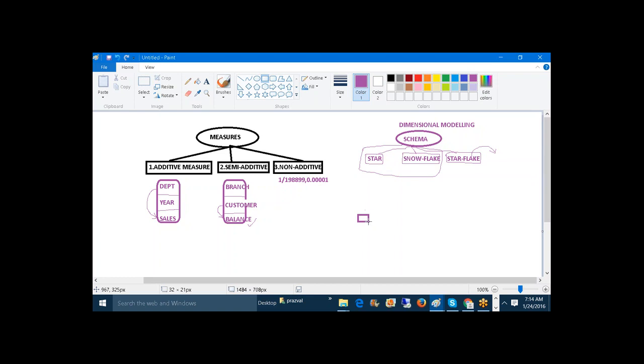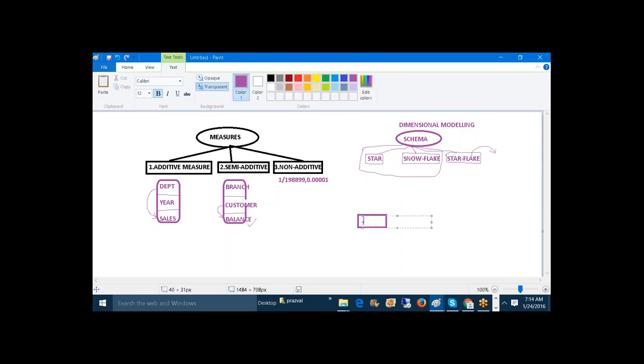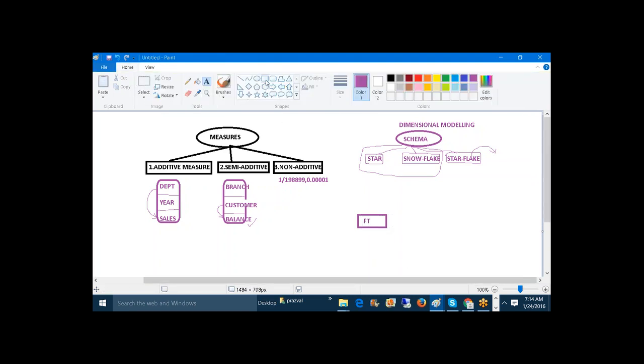In star schema, we have one centralized fact table. A fact table is the collection of facts, and a dimension table is a collection of multiple dimensions.